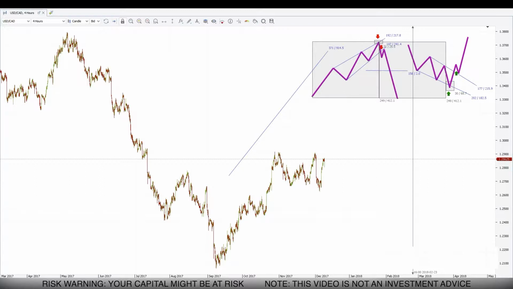So the idea is to wait for the wedge to be broken, to enter either on the short side or long side. In the case of binary options trading, either to buy a put option or to buy a call option, measure the time taken for the wedge to form, project it on the right side, take 50% out of it. That would be the maximum expiration date, and therefore price should retrace 50% of the distance in 50% of this time.